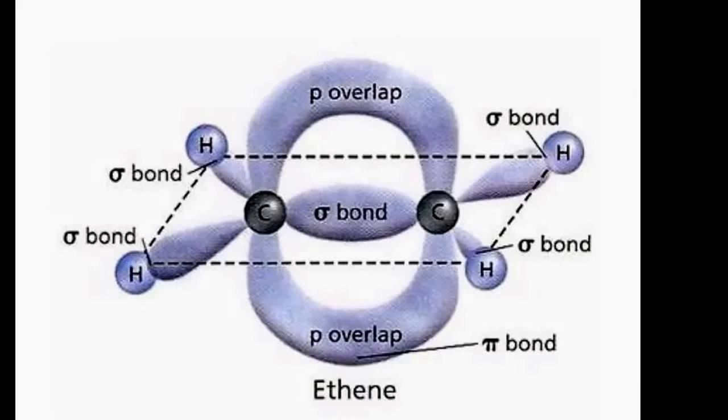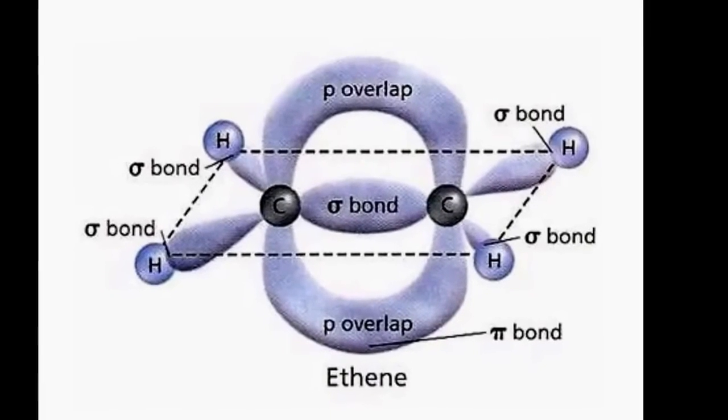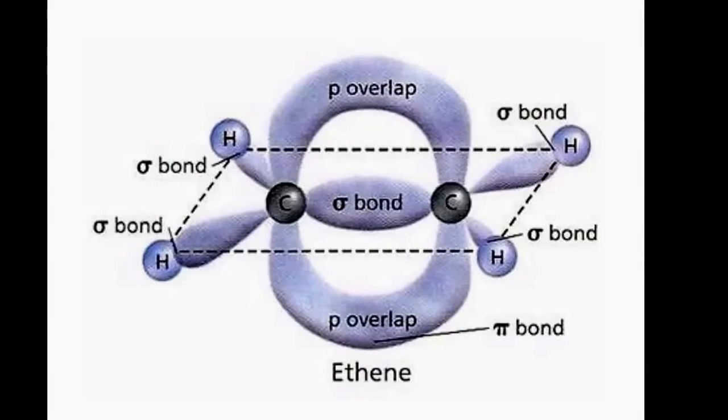Well, if we have a look in more detail at the structure of that double bond, we can see that it's made up of two different types of bond. In the middle, you've got a normal sigma bond. That's a pair of electrons being shared, as you can see, directly in between the two carbon nuclei.